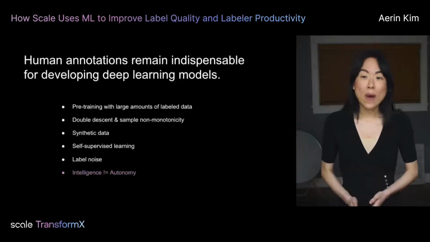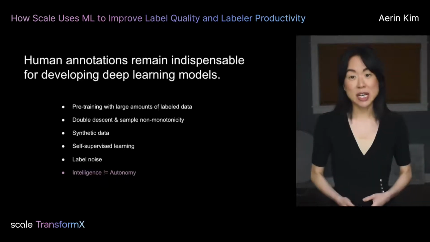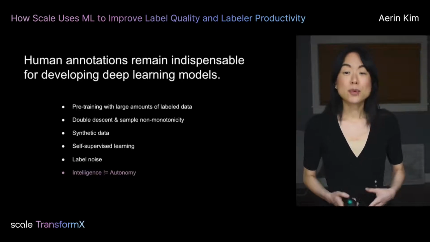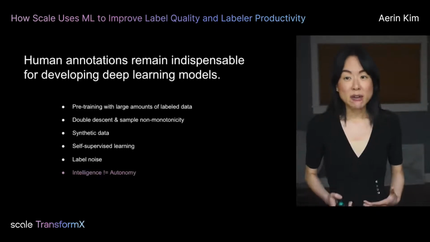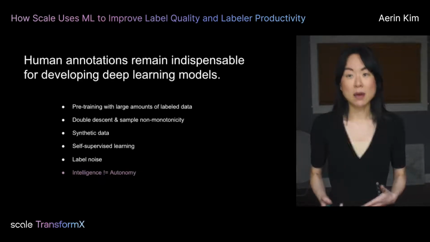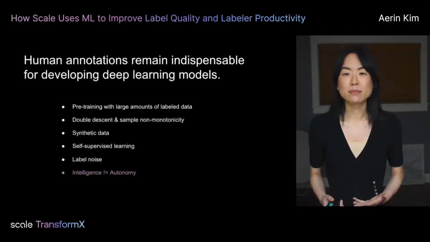One way to avoid human annotation is to use synthetic labels. You programmatically generate millions of synthetic samples by, for example, using photorealistic assets in multiple different scenes rendered by game engines.